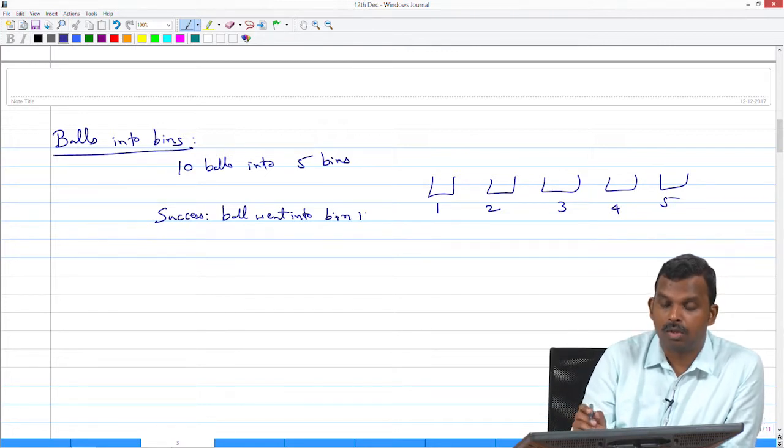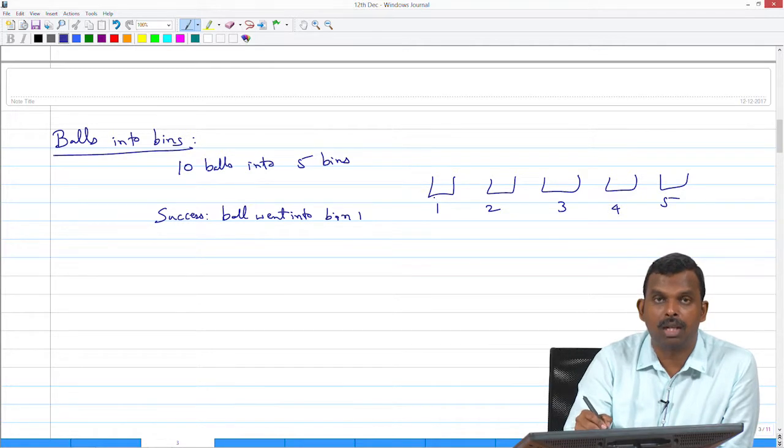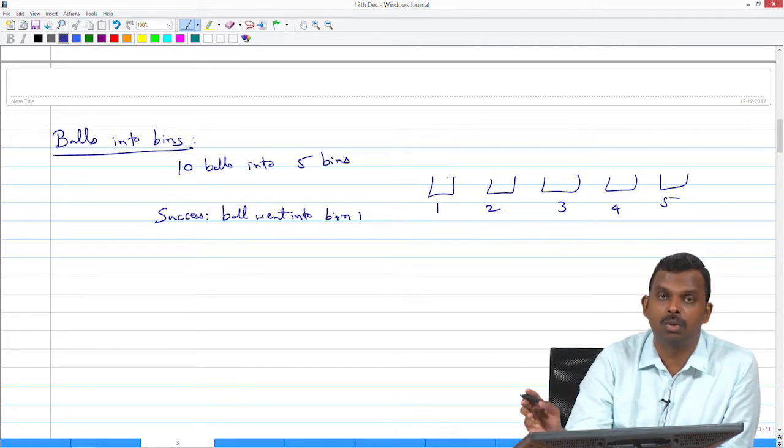I am going to count it as success if the ball went into bin 1 and failure if it went into anything else.